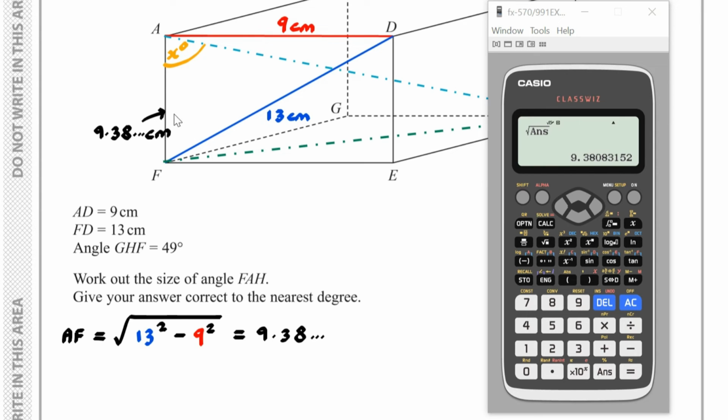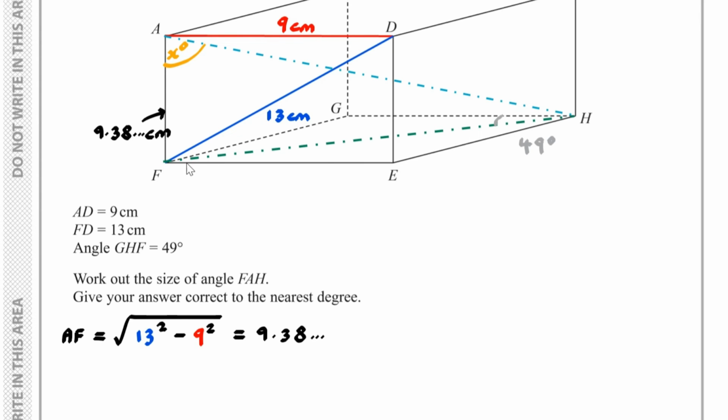Now that we know what AF is, what we can do is find out what FH is using trigonometry. Now, the length GH is also 9 centimeters. We know what this angle is, and we can use that to find out what FH is.